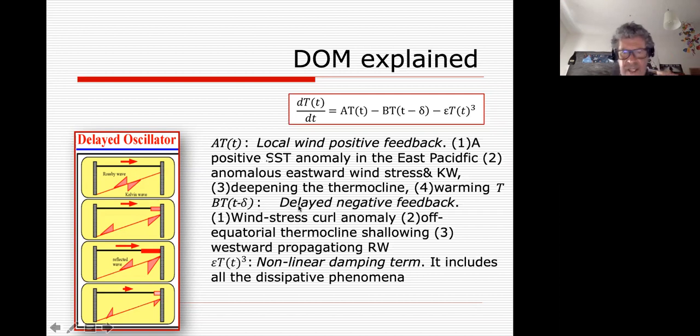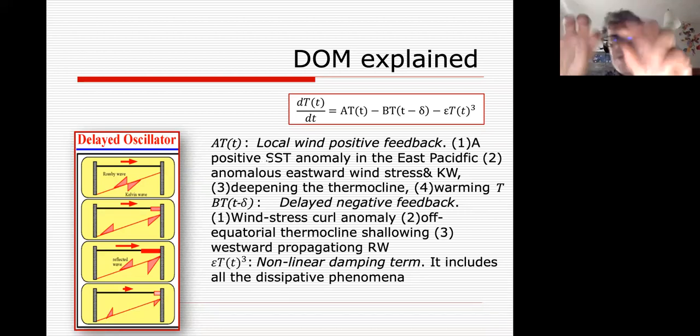Then we have the delayed negative feedback, the wind stress curl anomaly that creates off-equatorial thermocline shoaling and westward propagation of Rossby waves. So the two concepts that we saw before are encompassed here in A minus B.